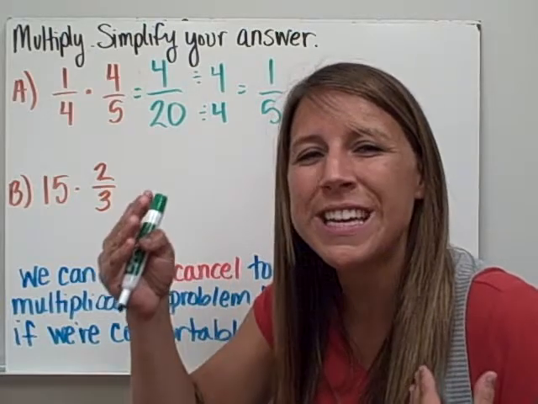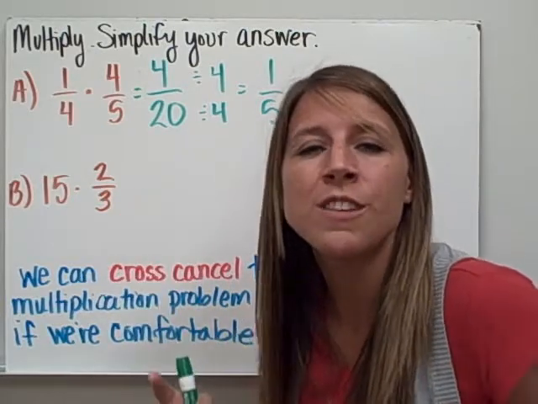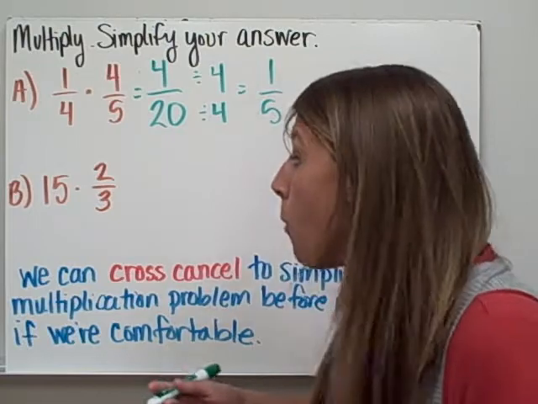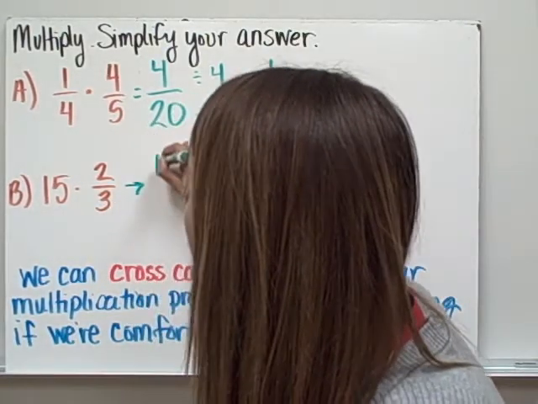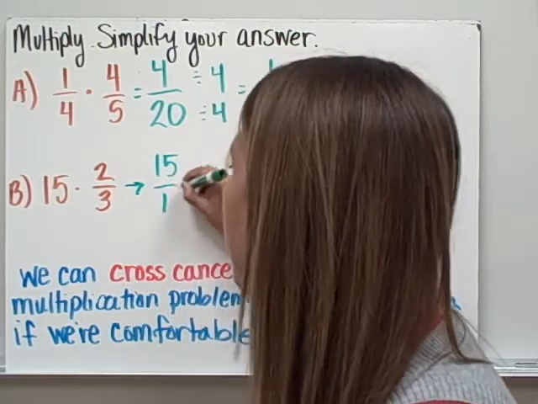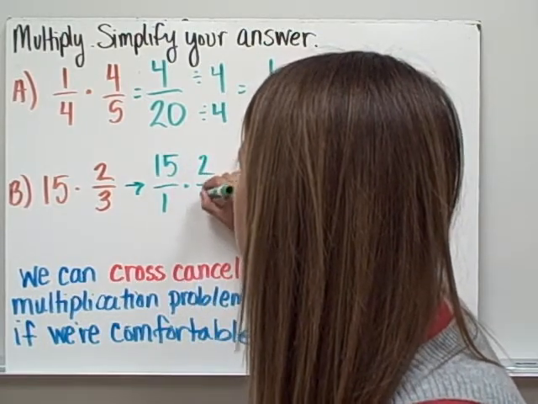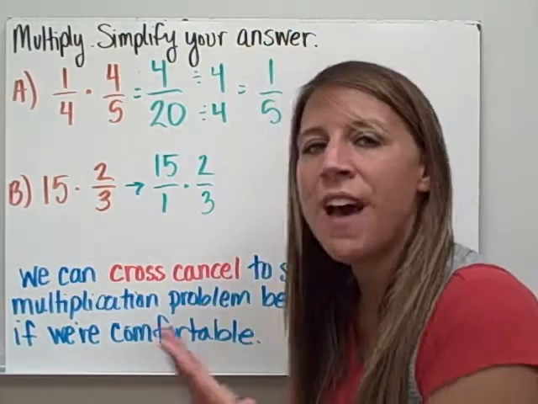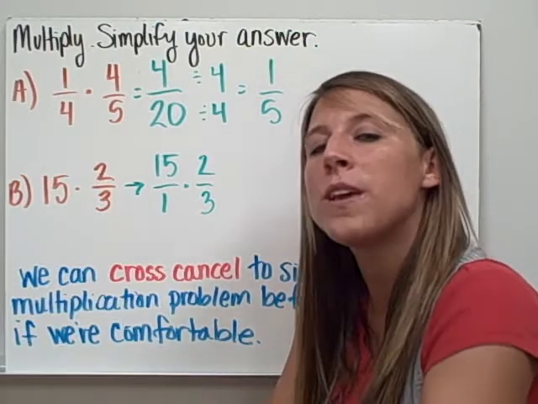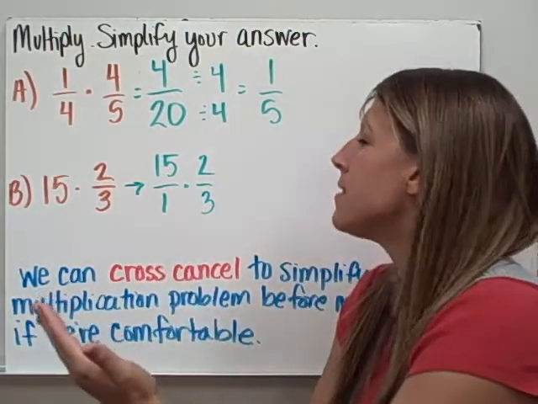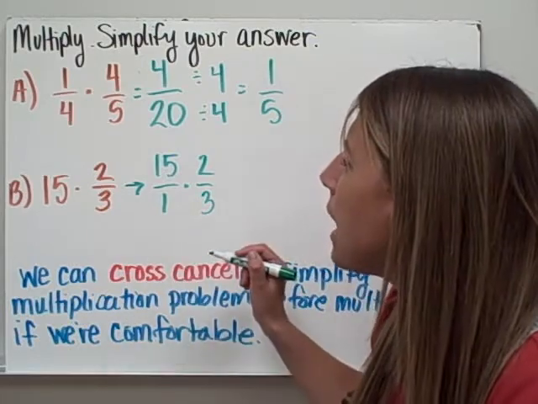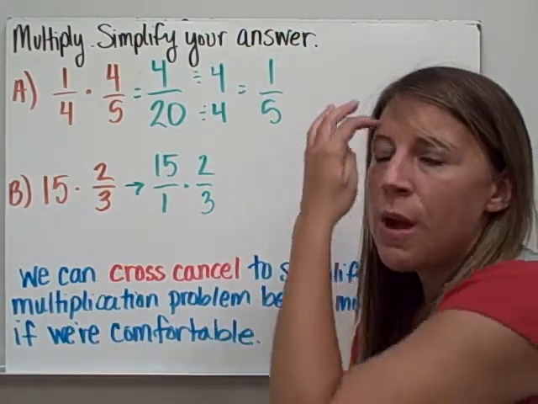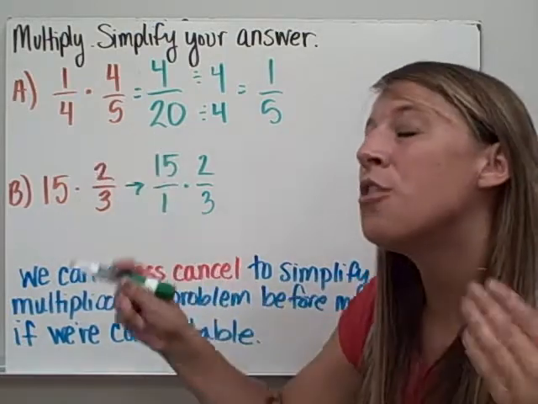It also means 15 divided by 1, which holds the value of 15. So we can turn 15 into a fraction by just saying 15 over 1. Nothing has changed, the value has remained the same, but now we can work with it as just multiplying fractions like we're comfortable.